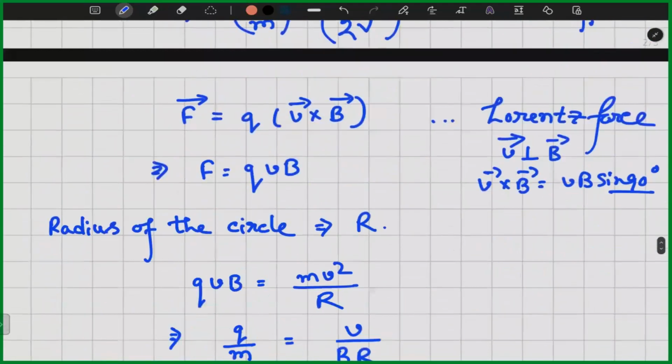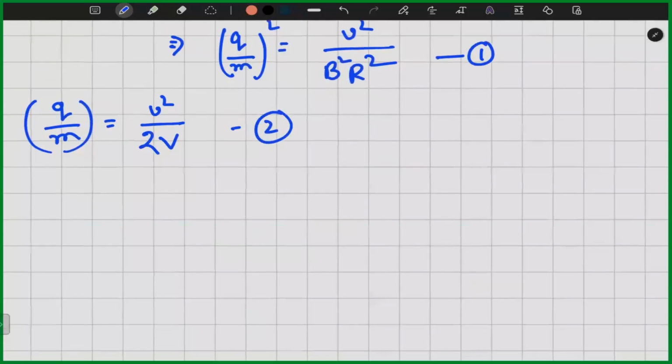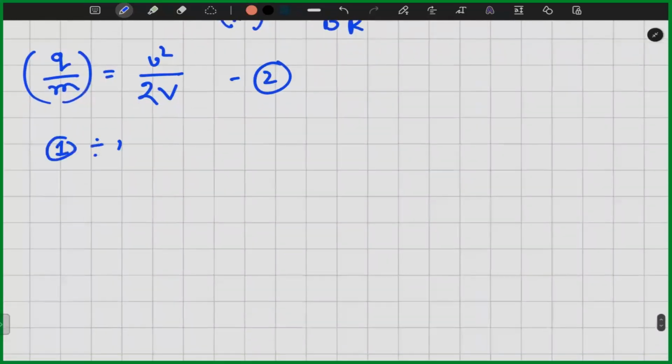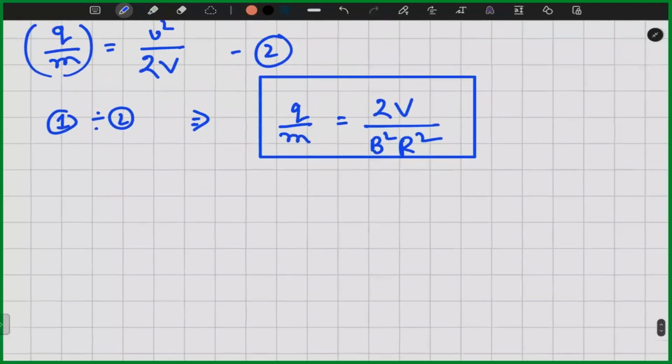This is equation 1 and this is equation 2. Now dividing equation 1 by equation 2, we obtain that q by m equals 2V by B square r square.